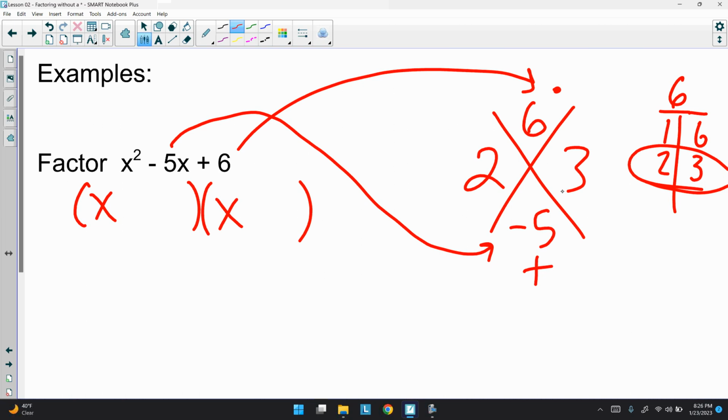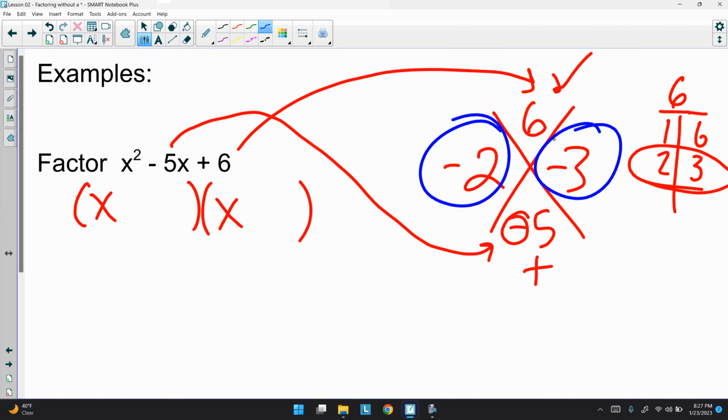But the problem is, it's a -5. I would need to put both of these negatives, which is still okay because a -2 times a -3 does make a +6. Once you figured out your numbers, -2 and -3, these are just going to come down here.